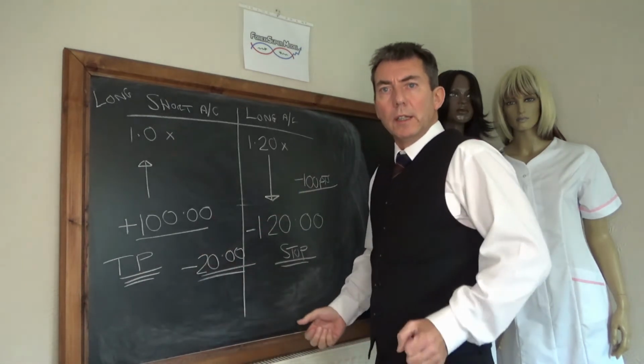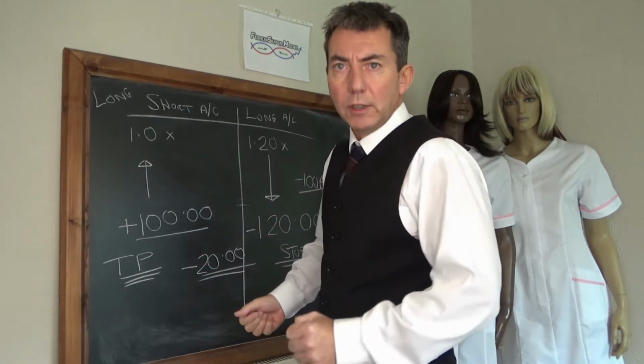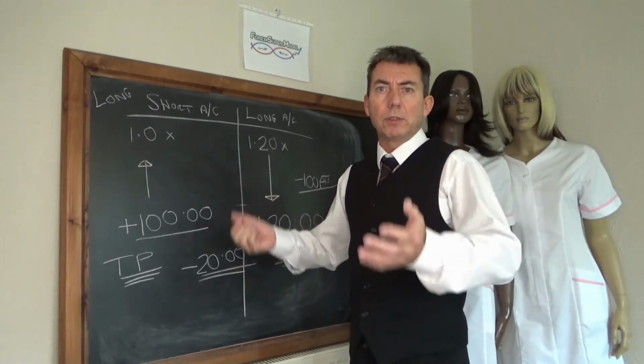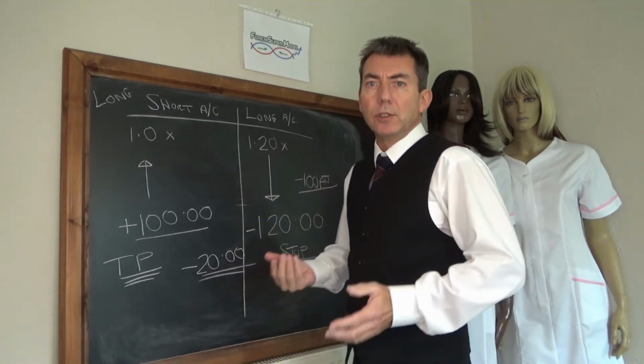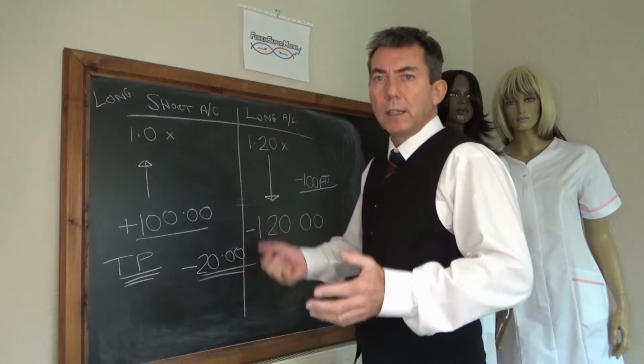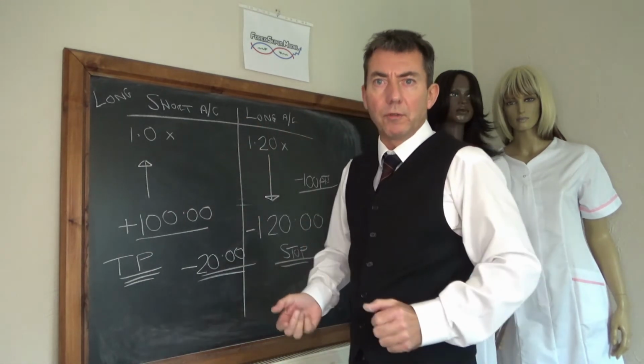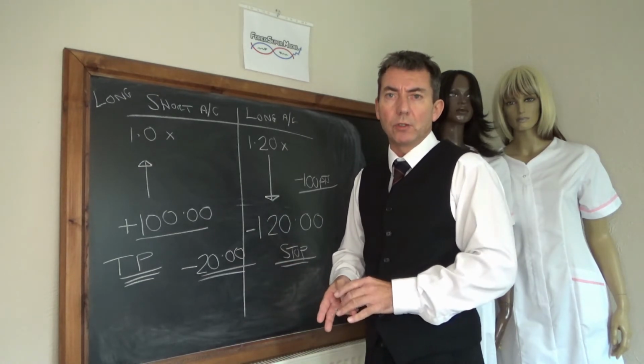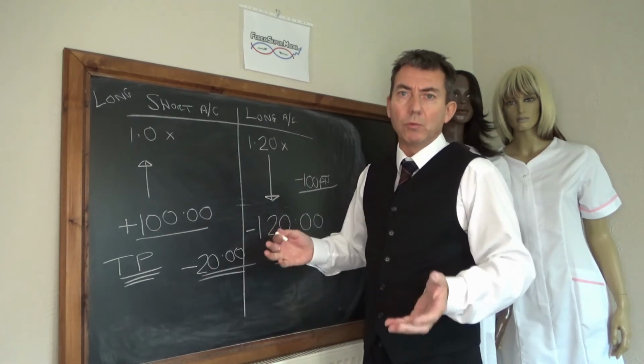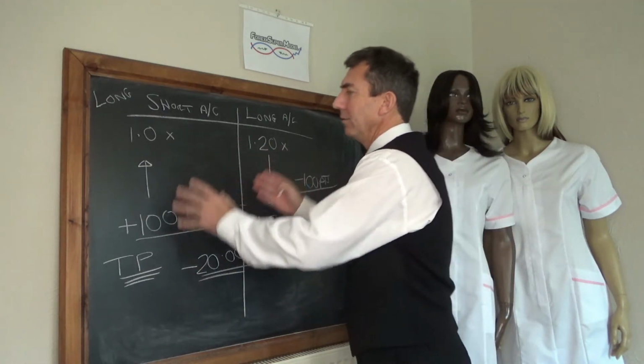To get to that stage, obviously that's what people are aiming for, to get much bigger. But to get there, you've mentally toughened yourself up by having this gradual process of larger trades, which by default are relatively smaller.